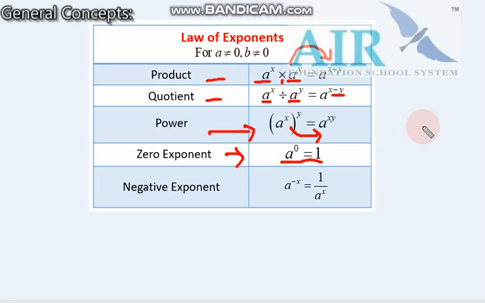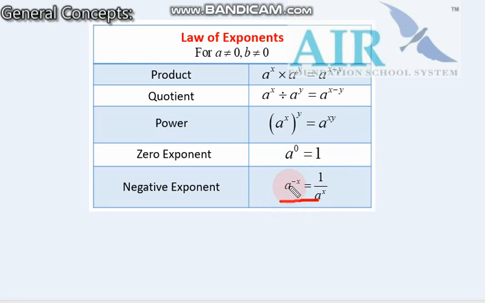Negative exponent: if you have a negative power, how will your power become positive? This is the way you can write a power minus x. Here you can see we have a negative exponent. A power minus x is equal to 1 over a power x. So we can write a power minus x as 1 divided by a power x.